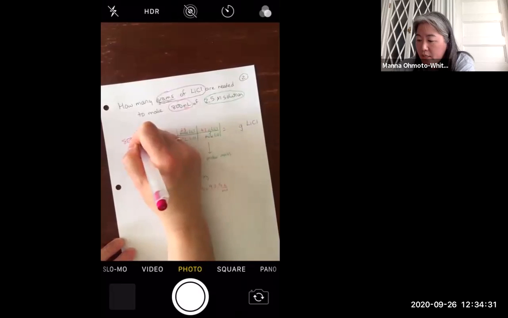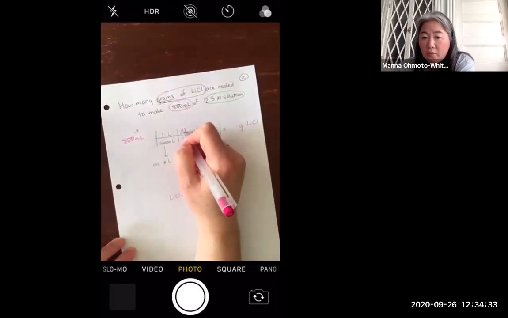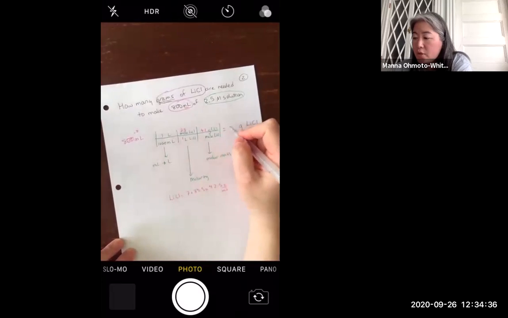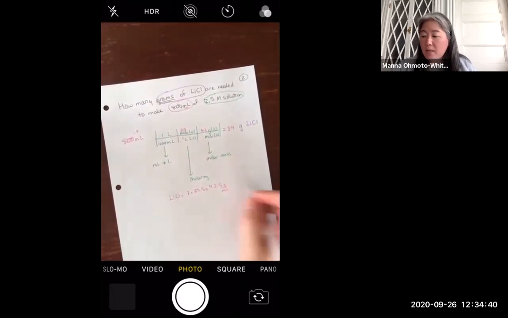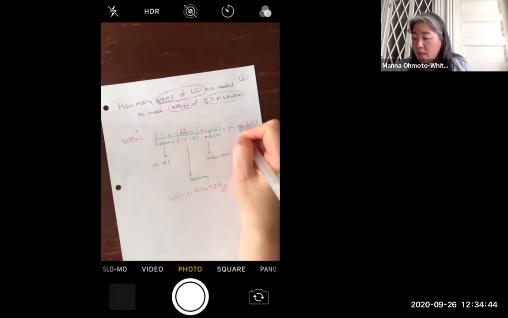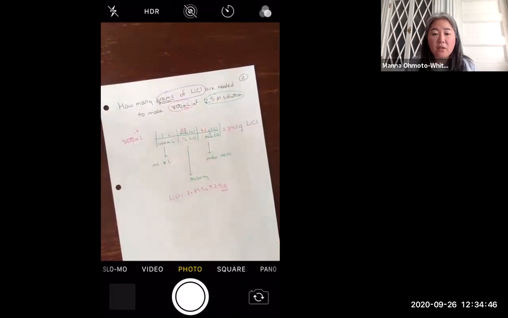I get 0.8 here. 0.8 times 2.5 is 2. 2 times 42 is 84 grams. So that would be 84 grams of lithium. And if this originally had 800 milliliters, I would need 84.0 for 3 significant figures.